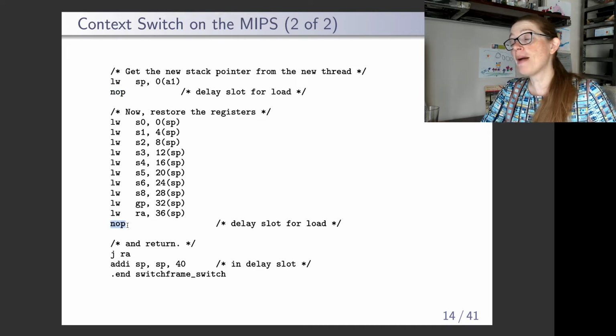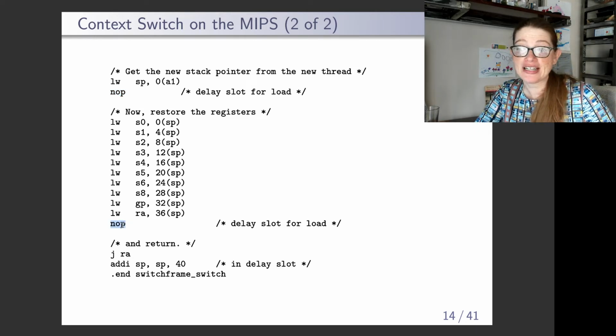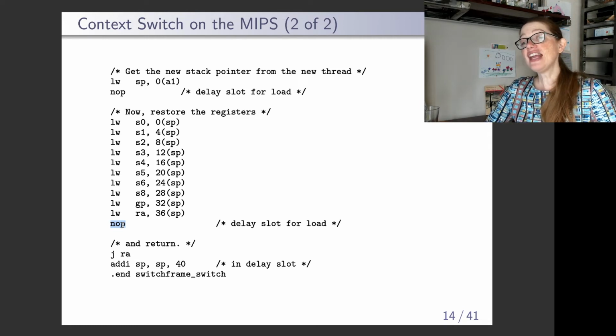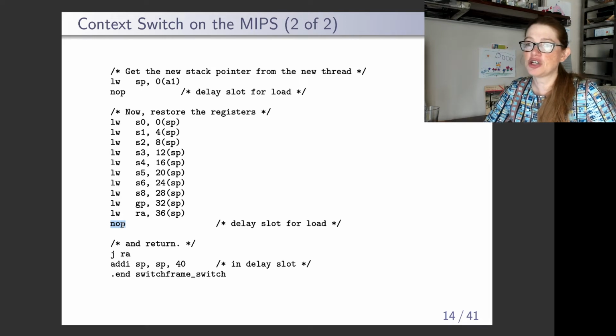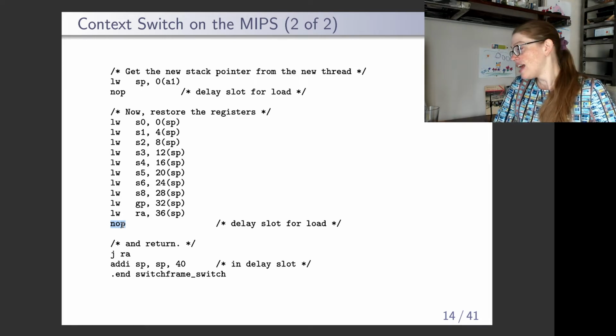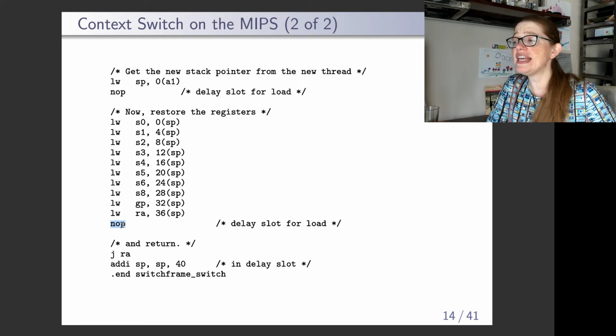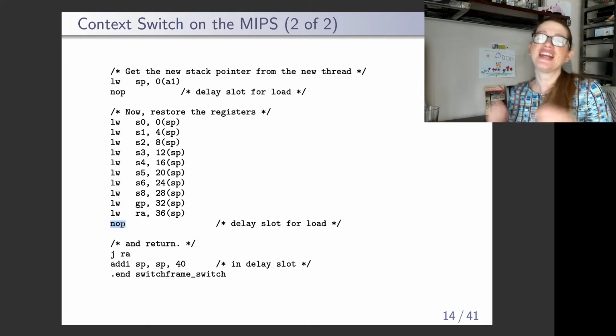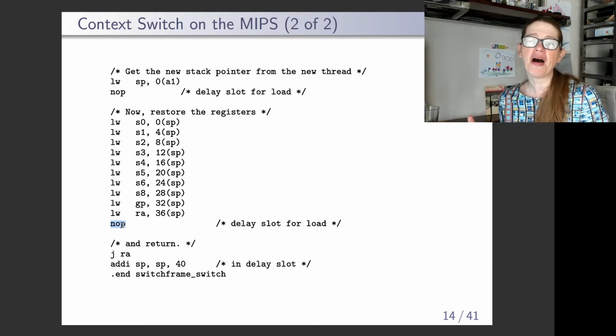So the first thing I want to point out is the NOP. One of the things to remember is that MIPS is a pipelined architecture, which means that we are decoding and beginning to execute the next instruction before the previous instruction may have completed. This is important to note, because for some operations like add, we don't really care about the NOP.